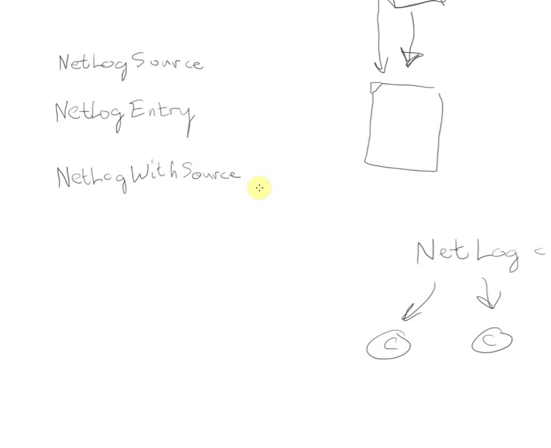The source is the source of where the netlog event that's being recorded, that's being logged, happened. And entry is an event that is logged.